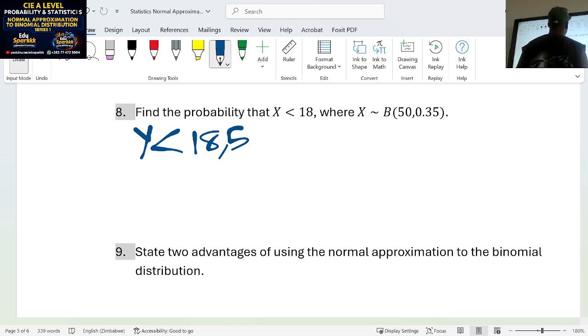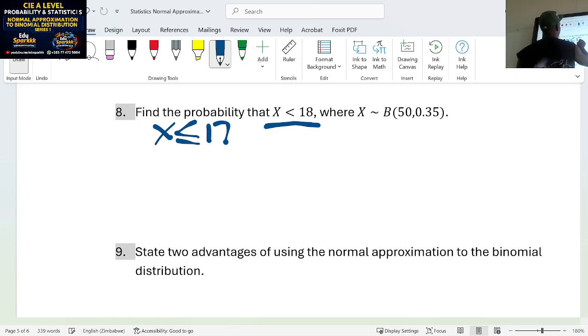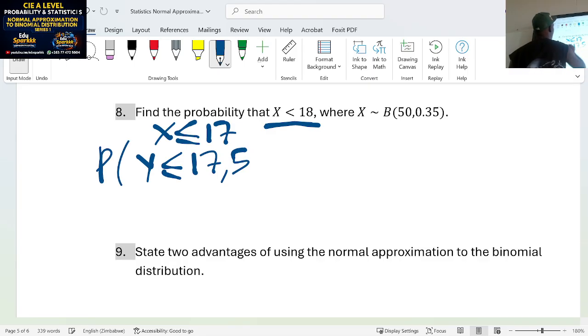Because this is discrete, when we say x is less than 18, in essence we are saying x is less than or equal to 17. But then when we bring y, it will be less than or equal to 17.5. So we are interested in this probability.